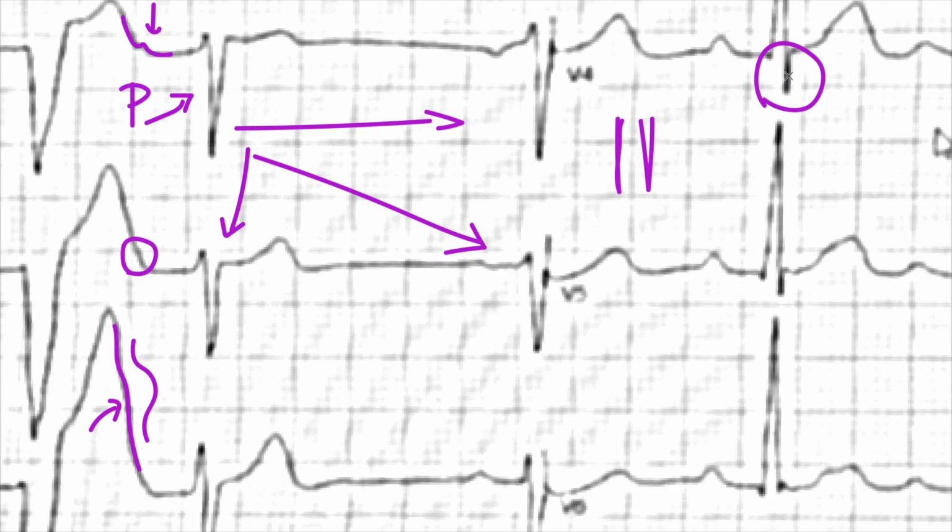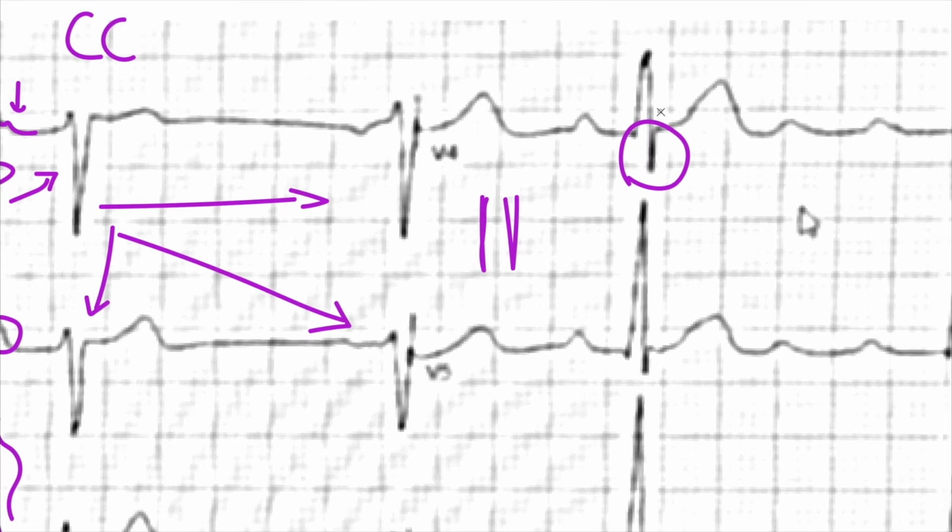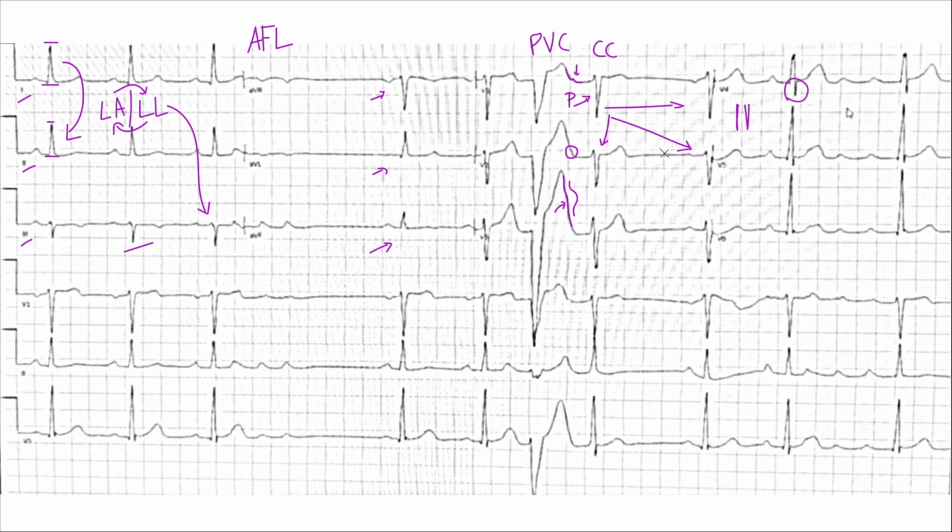Here we don't. So we could be looking at maybe benign early repolarization here. We could be looking at a little bit of ST elevation of some sort. I'm not sure, but I don't like this. Now, again, this is really messing with us. We have a lead inversion, and I don't know how much of the ECG in total that's affecting.